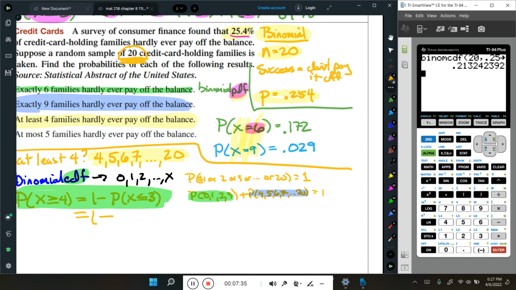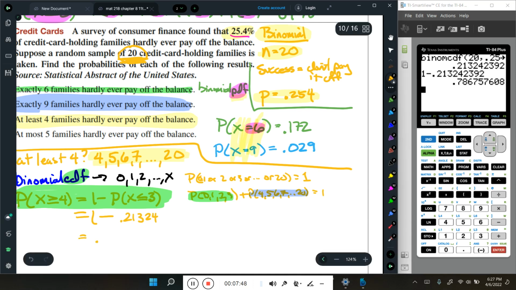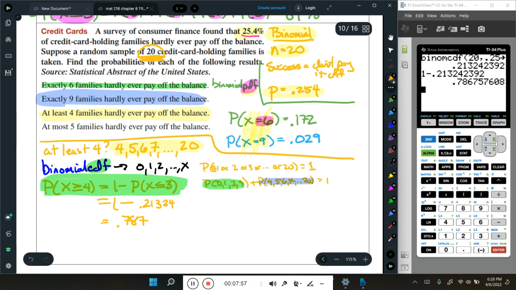And I get 0.213, wherever they tell me to round it. So 1 minus that answer, and I get that this works out to be, again, round it wherever they tell me to round it, 0.787. We have roughly a 79% chance that this is going to happen.